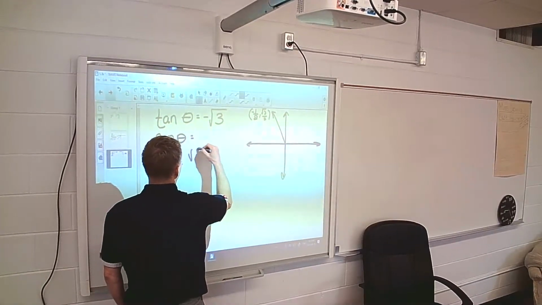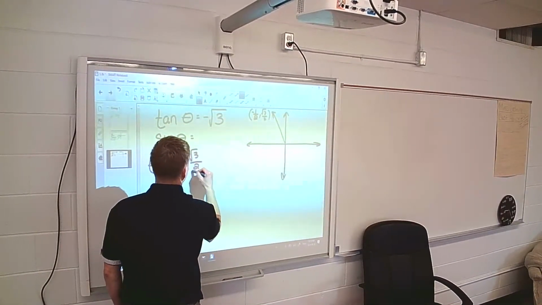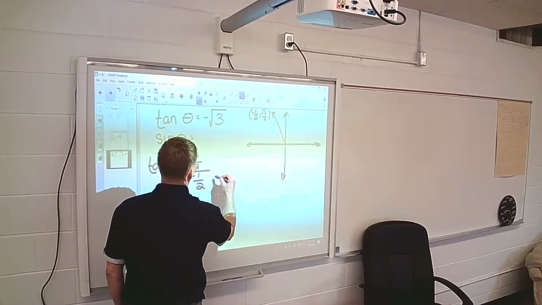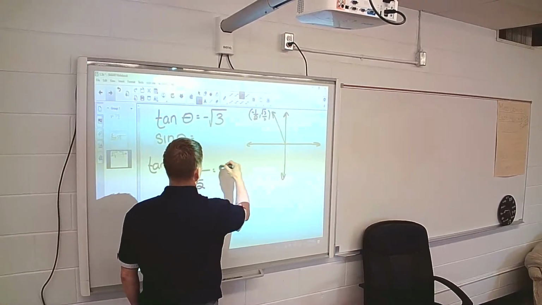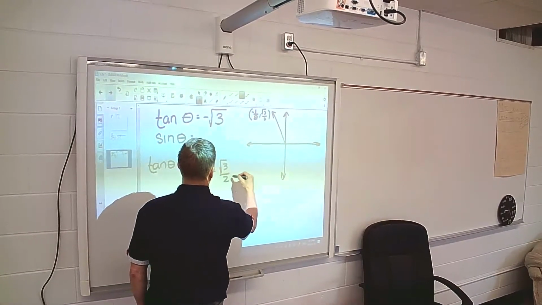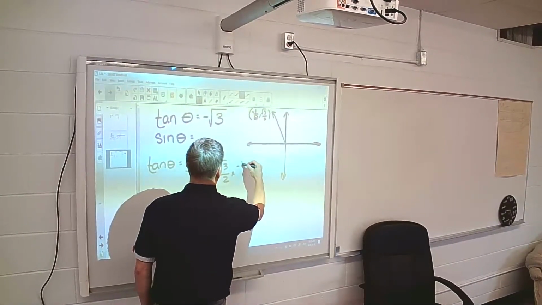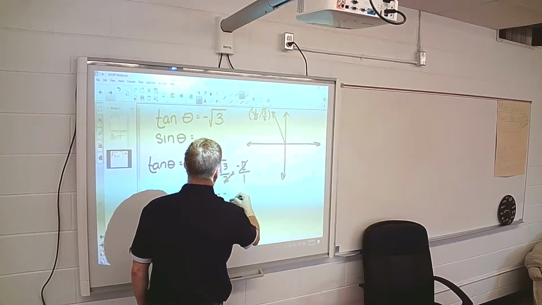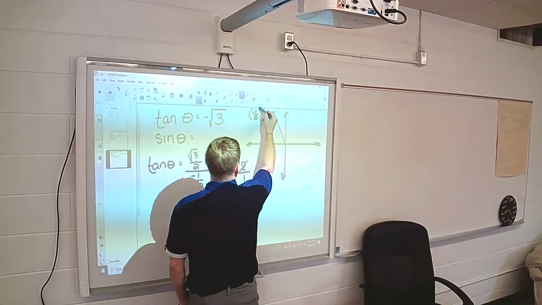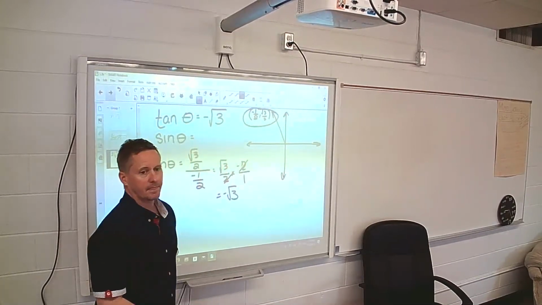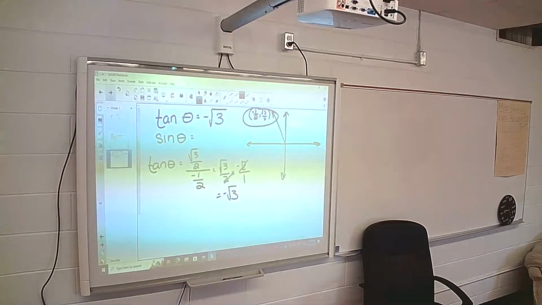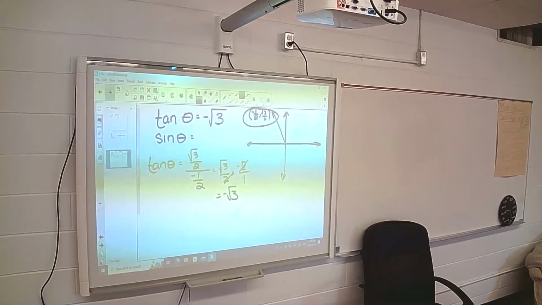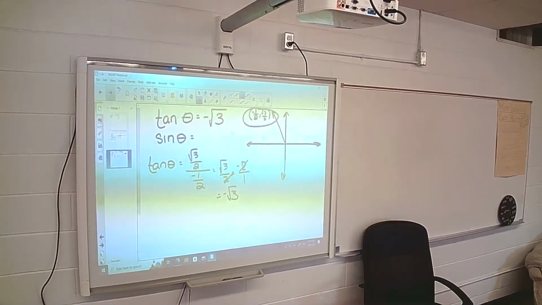I take √3/2, which is the sine, over -1/2, which is equal to √3/2 times -2/1. Those cancel. That leaves me with -√3. This is the coordinate I'm talking about. What's the sine value of that coordinate? There's your answer.